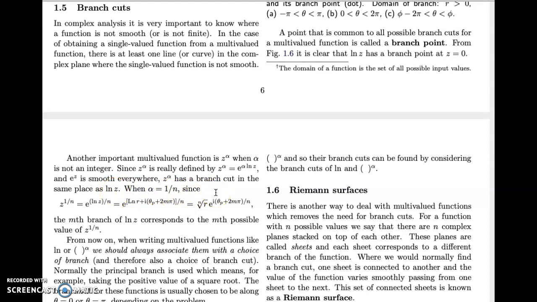Now, if alpha is 1 over n, what happens? Well, if we work out the expression, we end up with the principal value of log of z written in polar form, z equals r e to the i theta, and here you've got theta_p plus 2 pi m, all of that divided by n.